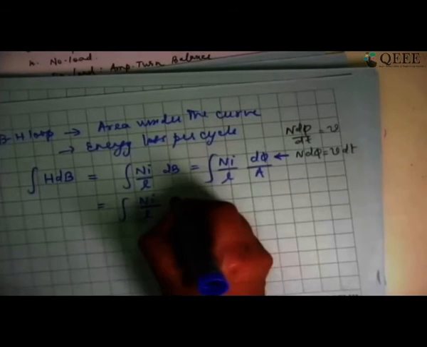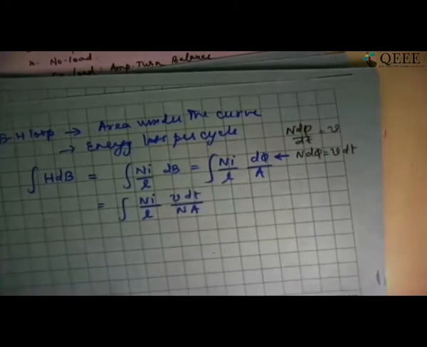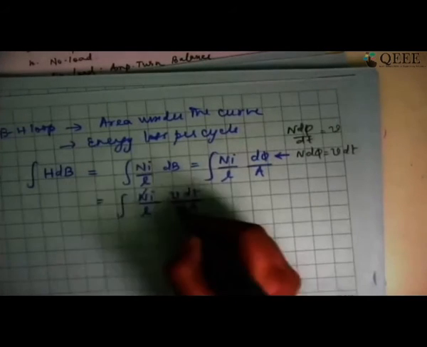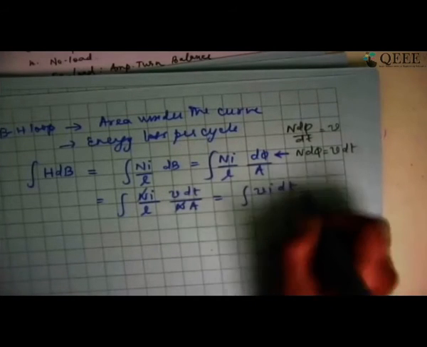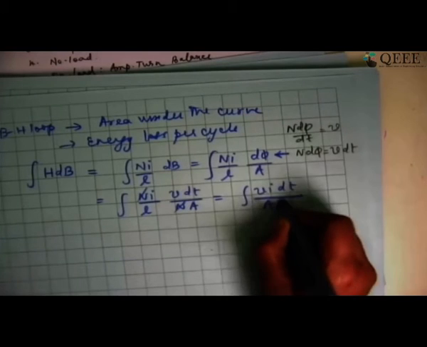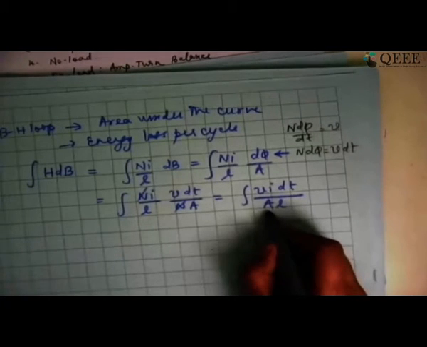So I can definitely substitute that here. I write this as Ni divided by L times V dt divided by N A. I have just substituted those values. I can cancel this N and this N, and this is essentially V i dt divided by A L. A is the area of cross section of the core.